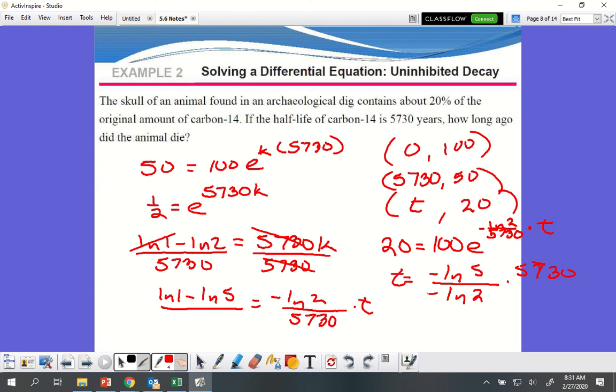When you divide by a negative, it would be a positive number, actually. ln1 is still 0, so I had a negative ln5, and I'm dividing by a negative ln2, so the two negatives make that a positive.